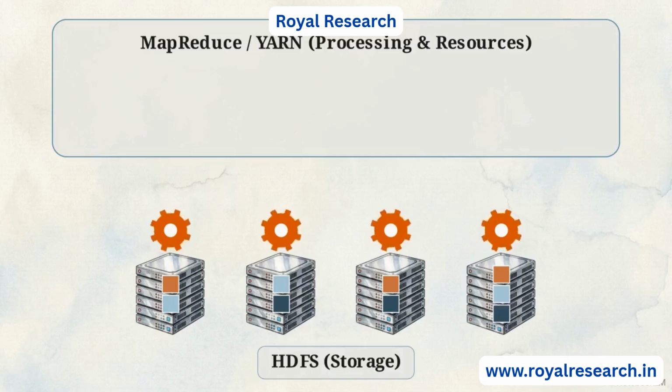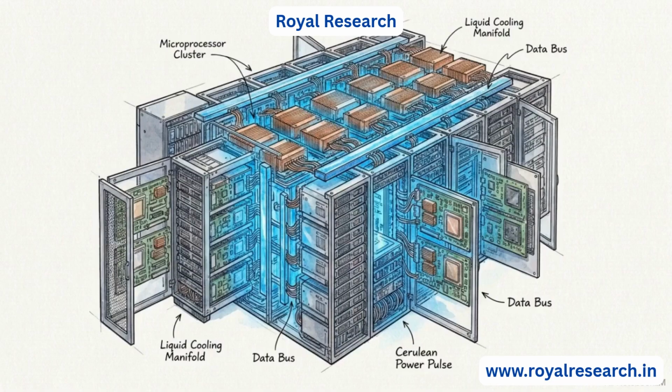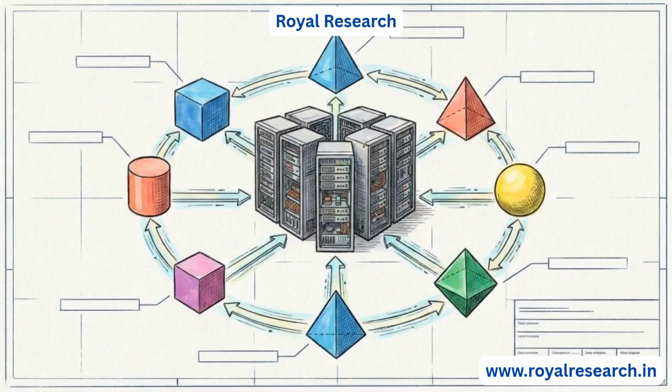HDFS and YARN provide the core power of the cluster, but specialized enterprise tasks like real-time ingestion or complex data transformations require a suite of integrated tools to handle the specific needs of the data. Building a complete big data solution involves deploying specialized components like Hive, Pig, HBase, Sqoop, Flume, and Oozie.